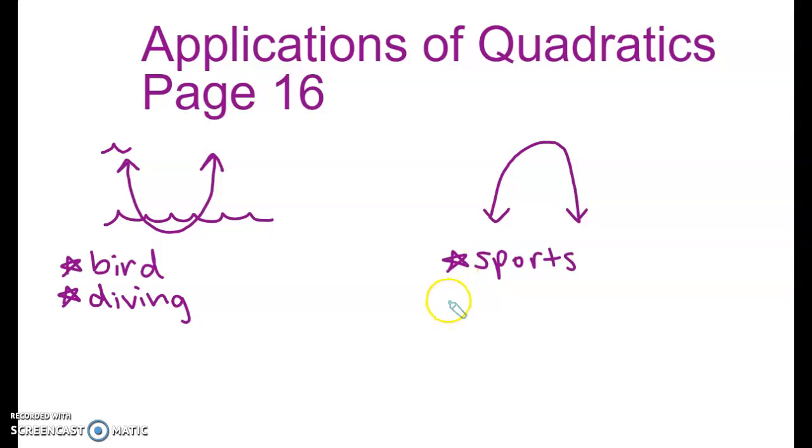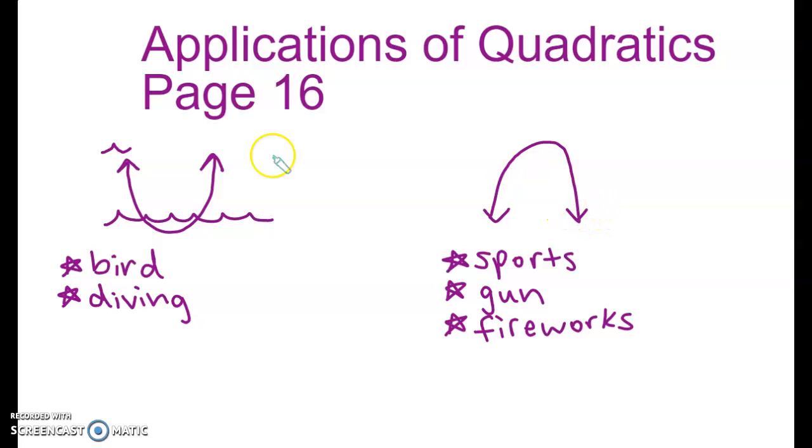Also shooting a gun, and the path that the bullet could take. What about fireworks? You light it and it goes up into the air, it explodes, and then eventually all the debris comes back down. So that's another example.